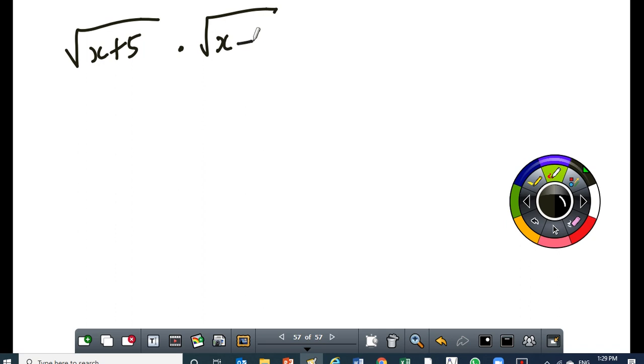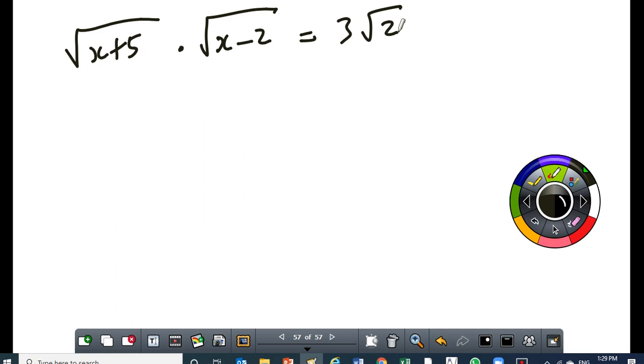I think I gave you I as well. So we have got the square root of x plus 5 times the square root of x minus 2 equal to 3 square root of 2. Okay?